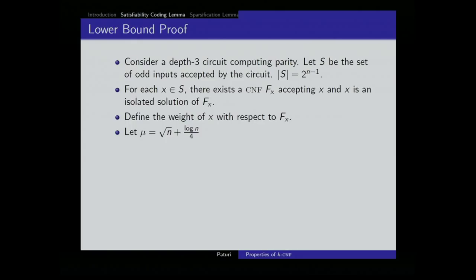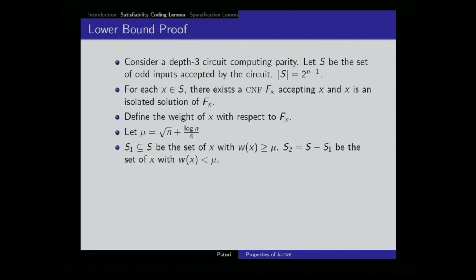For a particular input, we can argue that you need to have one critical clause for each variable, but the same critical clause might work for many other odd inputs. So if a critical clause is too long, it cannot be critical for too many of the inputs of odd parity. That's the balance we are trying to draw between the two things. So mu is the cutoff point.